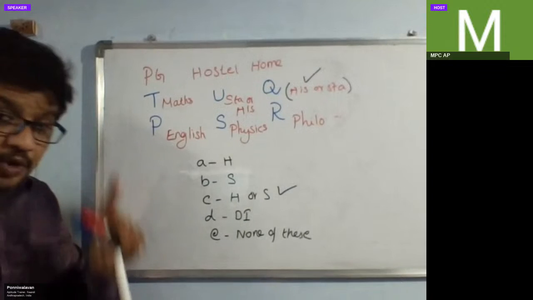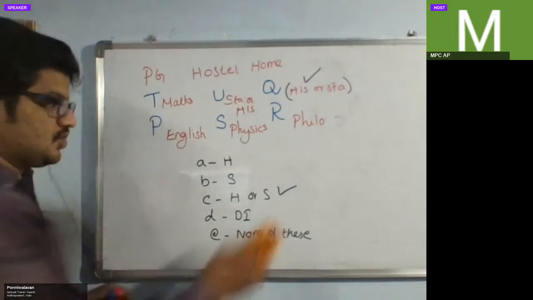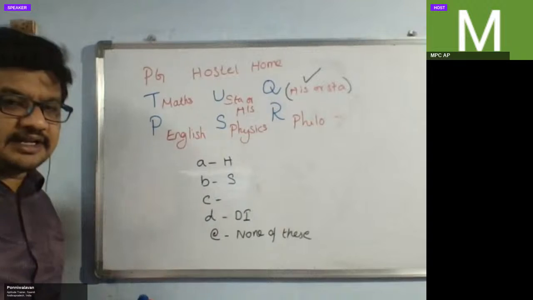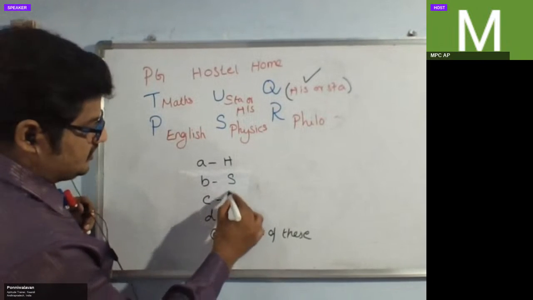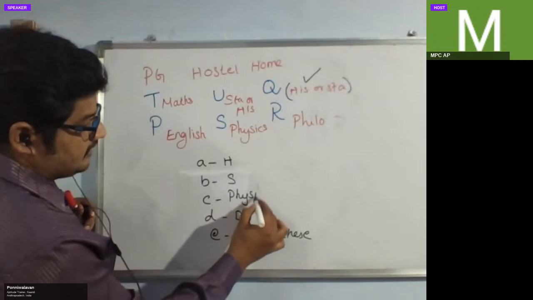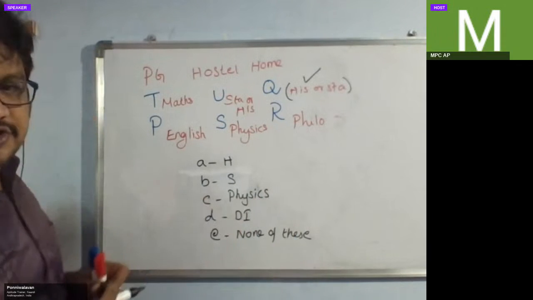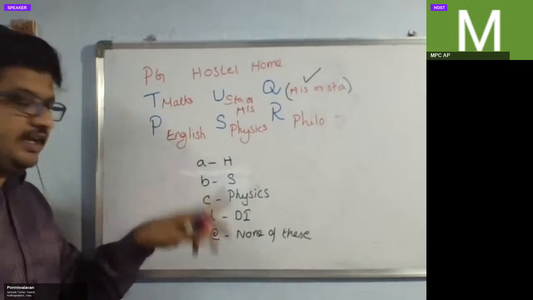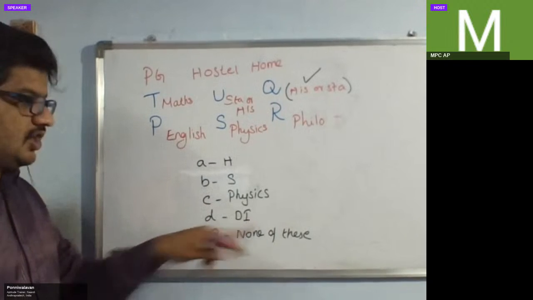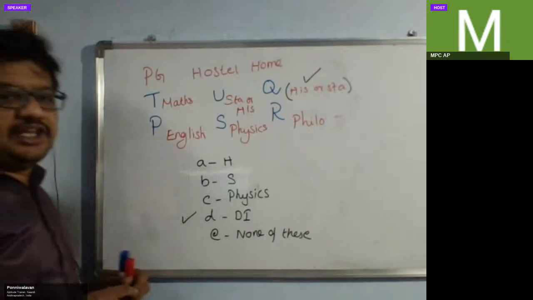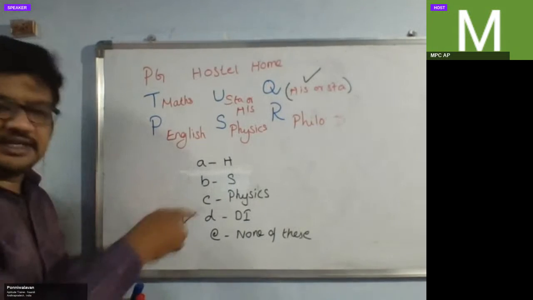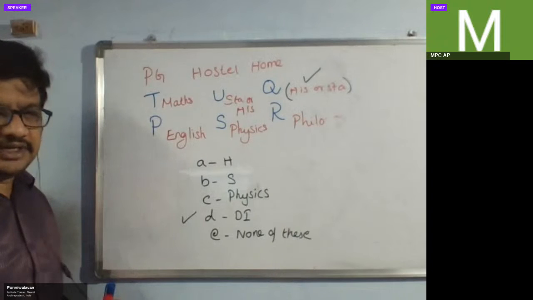Suppose, I am telling you, suppose the option is physics. Now we can select data inadequate. Okay, now we can tell it is data inadequate.